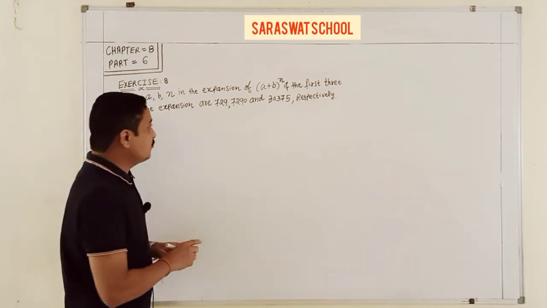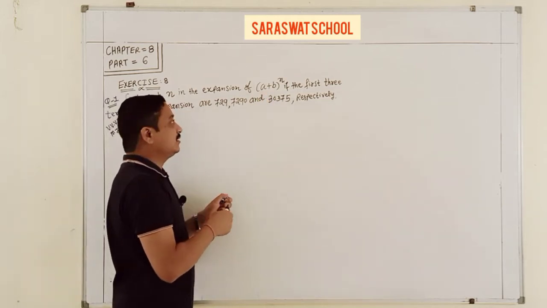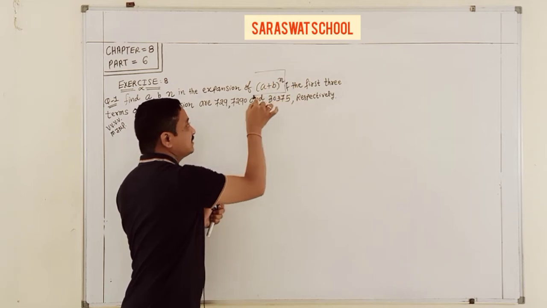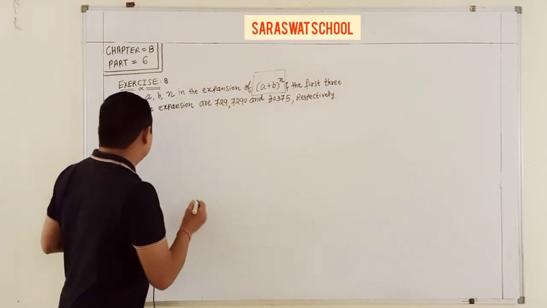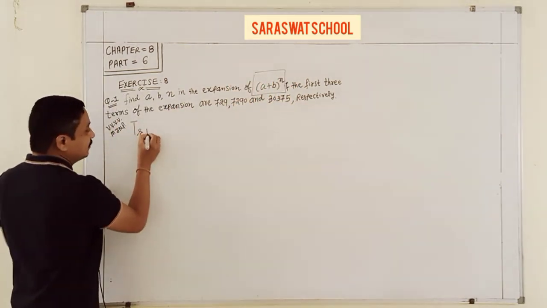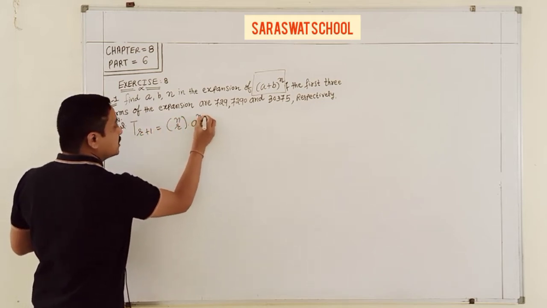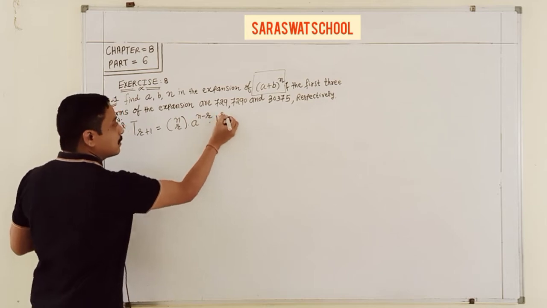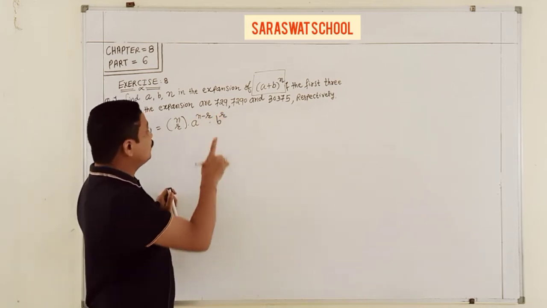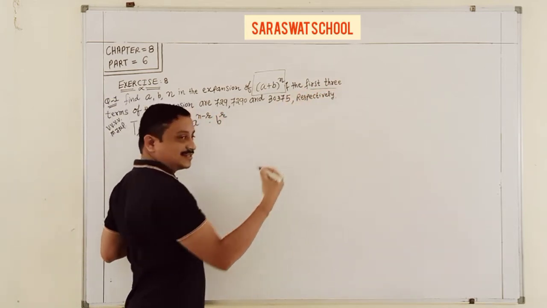Now first of all, (a + b) raised to n, I start with the general term. The general term is T(r+1) = nCr a raised to n minus r, b raised to r. I want the first three terms.